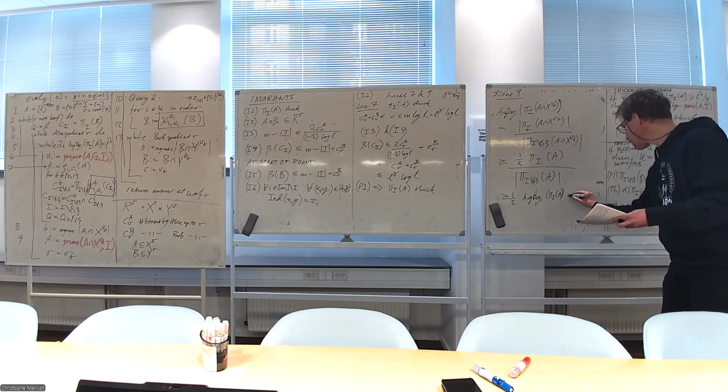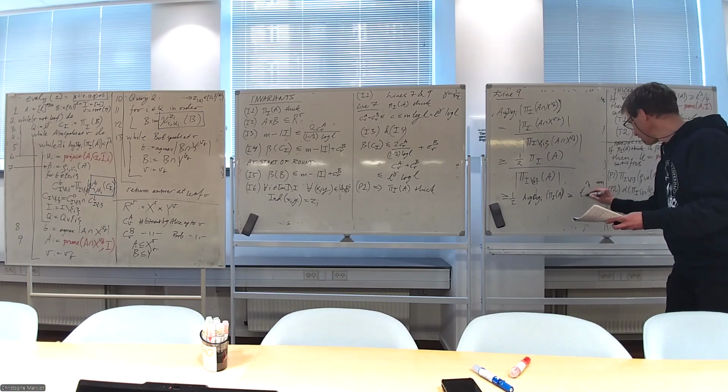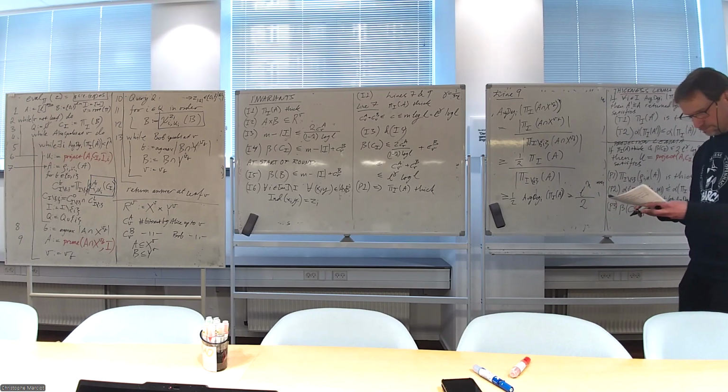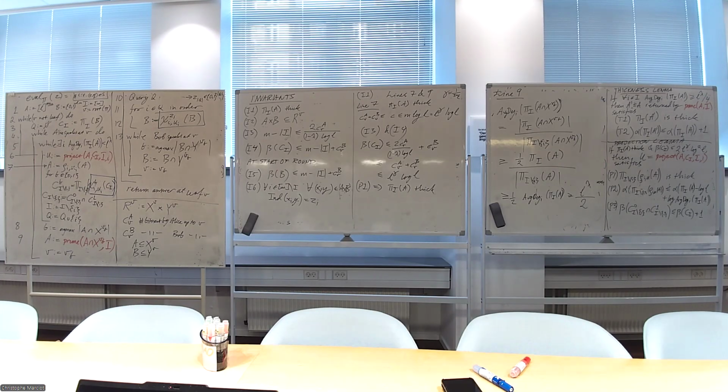Well, we exited the while loop. So this was at least n to the lambda over 2. Okay? So now we want to apply the pruning lemma, and we see that even with some margin. So our lemmas are stronger than we need because we're actually doing them for the real communication case. So the thickness lemma conditions apply. So then we see that we will return a pruned A set, which is thick.